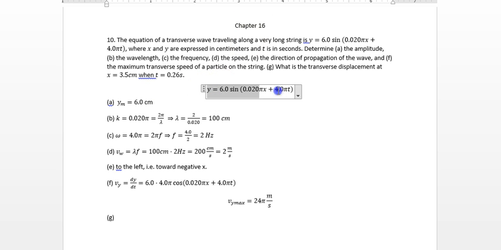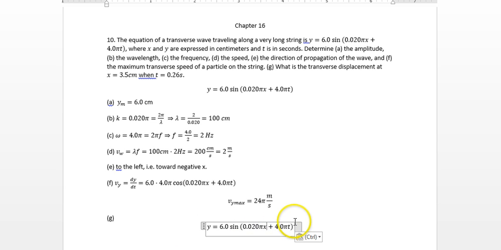So I'm going to copy this. y is, for x, 3.5, and then for t, 0.26.